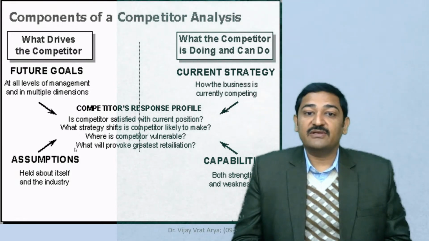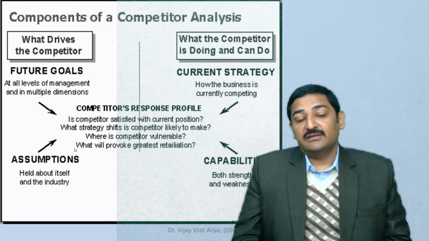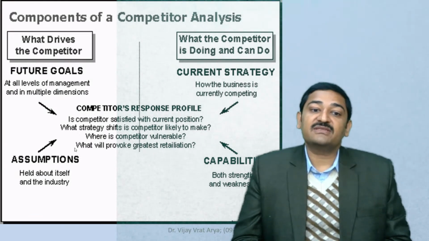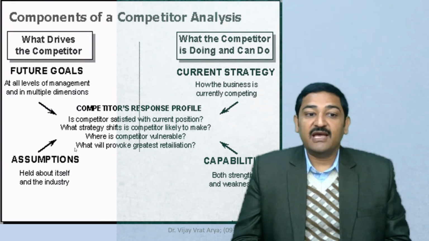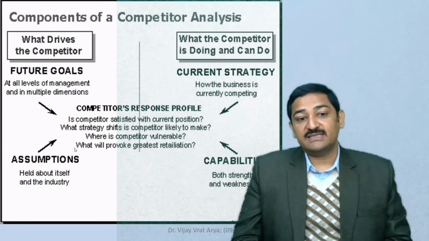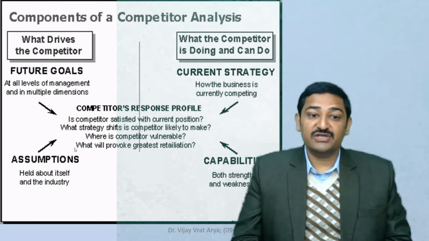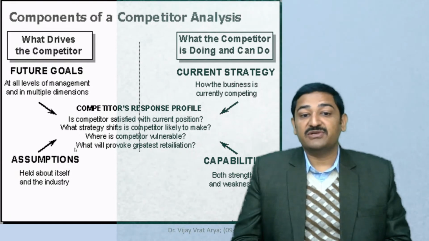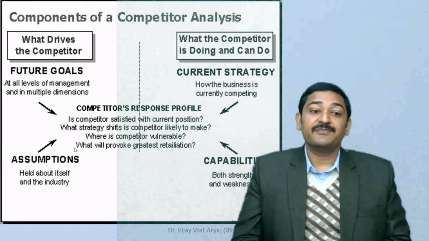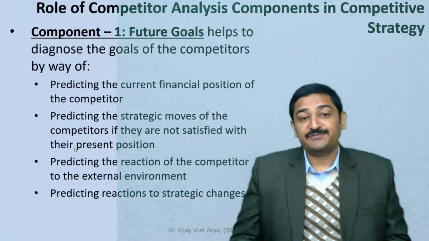When we club together all these four components, the profile towards the competitor's response can have four major questions. Is the competitor satisfied with its current position? What strategy shifts is the competitor likely to make in future? Where is the competitor vulnerable? And what will provoke the greatest retaliation?